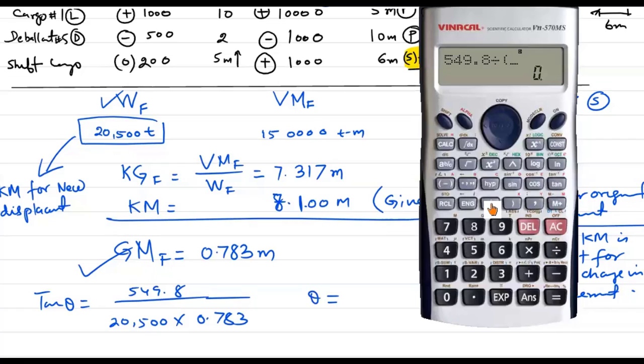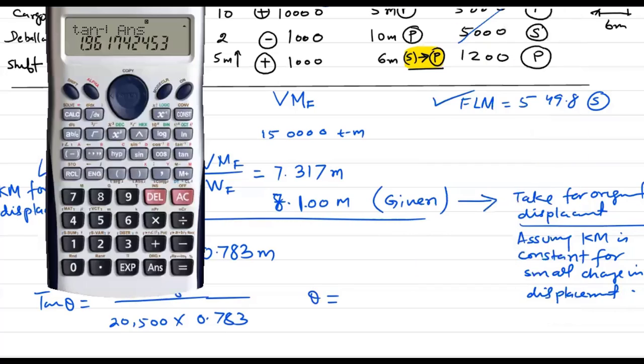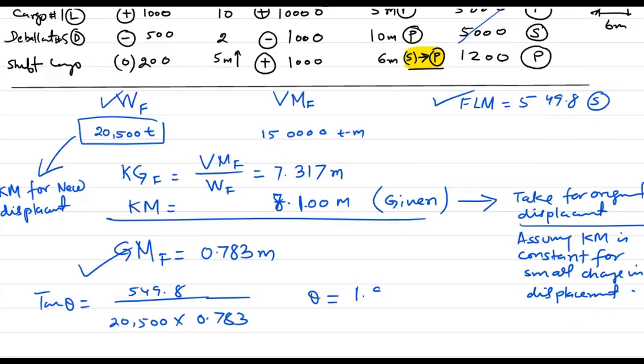So tan theta is equal to 0.034, tan inverse gives 1.961 degrees.